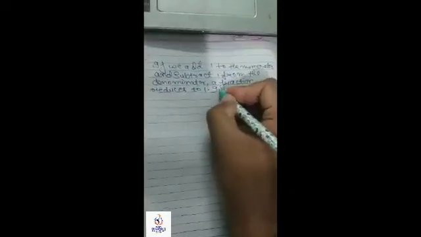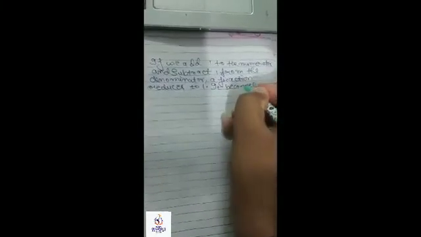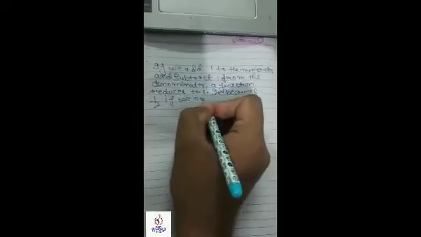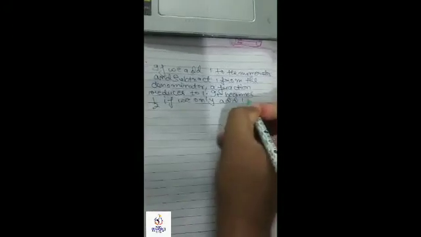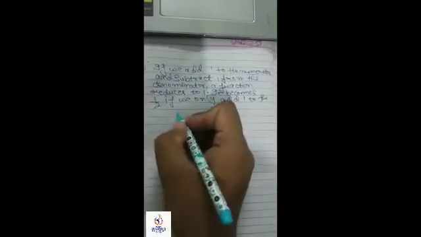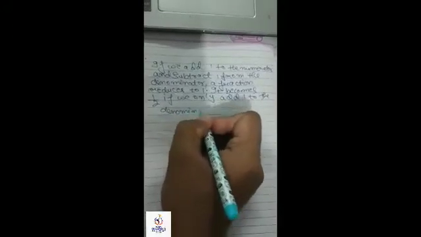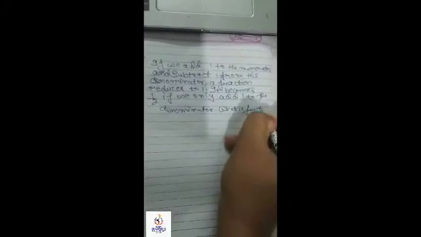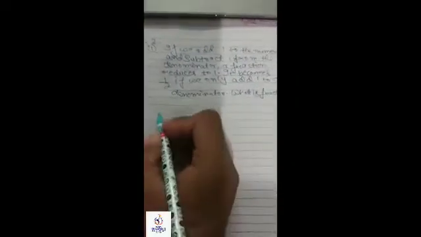It becomes 1 by 2 if we only add 1 to the denominator. What is the fraction? So here we have one question. If we add 1 to the numerator and subtract 1 from the denominator, a fraction reduces to 1. It becomes 1 by 2 if we only add 1 to the denominator. What is the fraction?